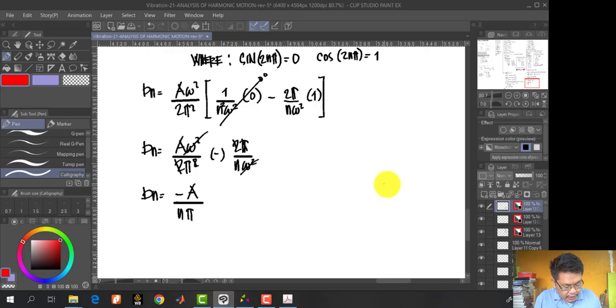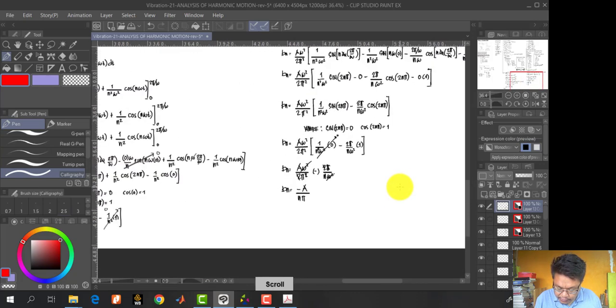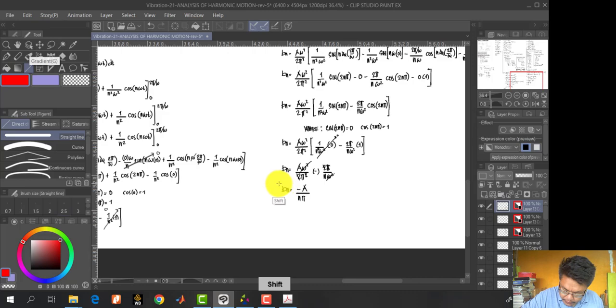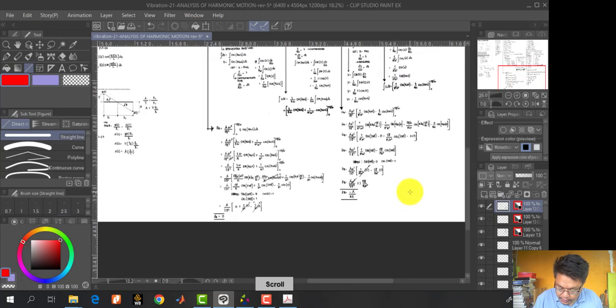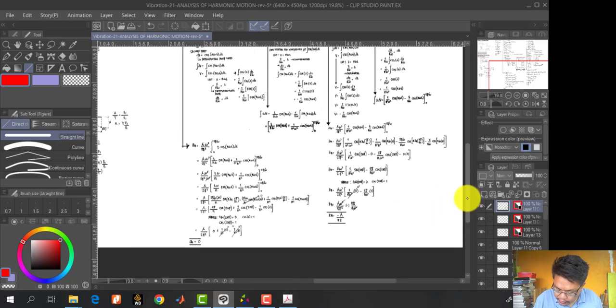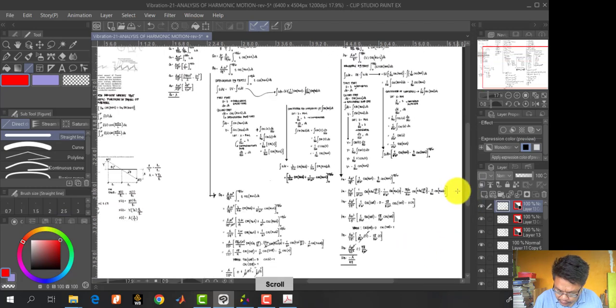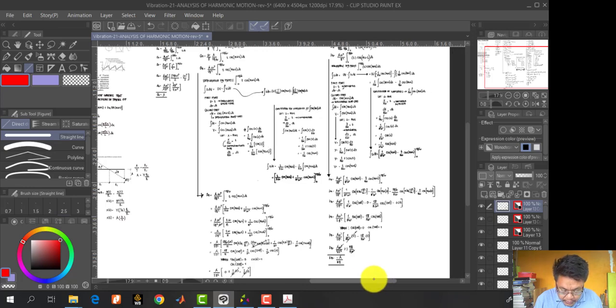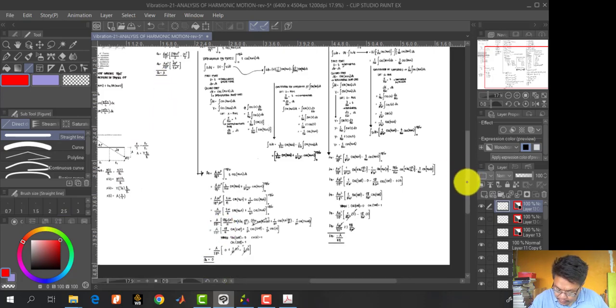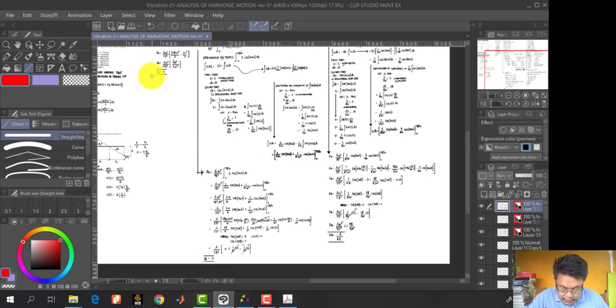Let me show you a quick overview of our solutions to see the whole solution. We have already completed a sub 0, a sub n, where a sub 0 is the amplitude, a sub n is equal to 0, and b sub n is equal to negative a over n pi.